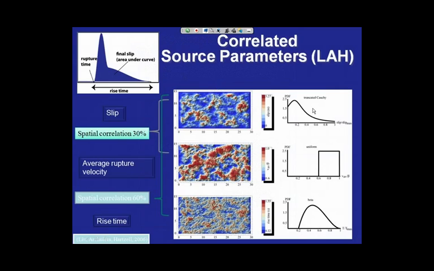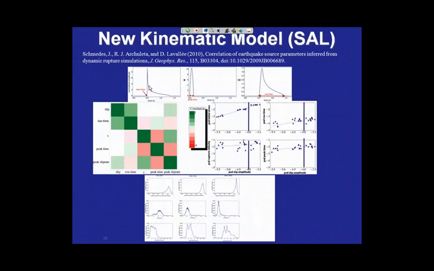This is how they did the slip: the truncated Gaussian slip distribution, and this is the rupture velocity averaging around 0.8, and that's the rise time. The recent update is from dynamic simulation. They found that the Kirchhoff type, truncated Kirchhoff type, matches much better.